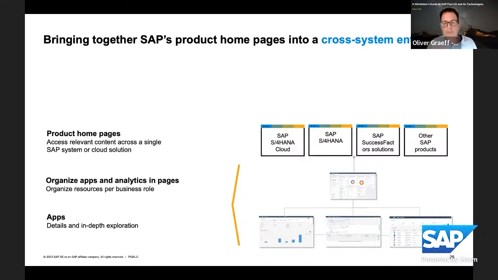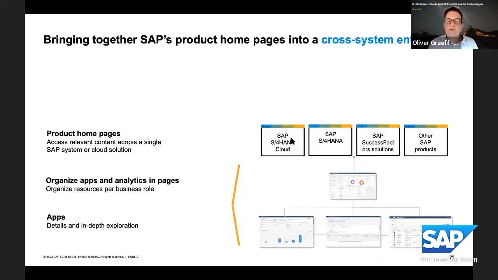So we go further up in this picture. There are, for example, overview pages, as you can see here. These are pages giving you an entry point, for example, with analytics to a number of apps. We have that for a couple of scenarios. And then even a bit higher, we have the full solutions, for example, SAP S/4HANA or SuccessFactors.